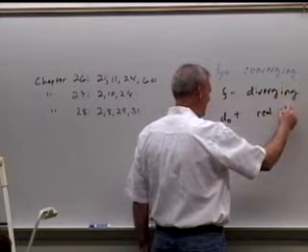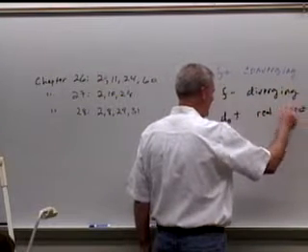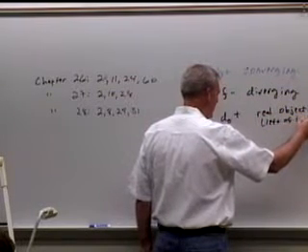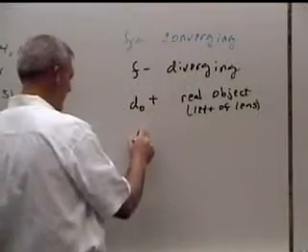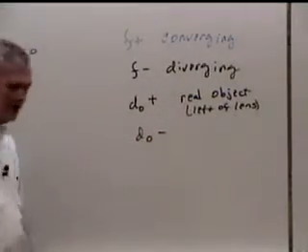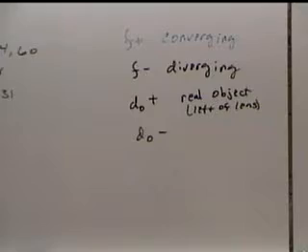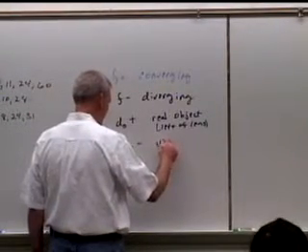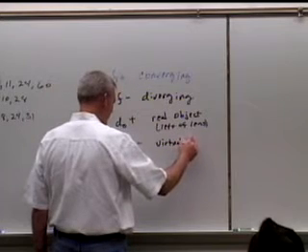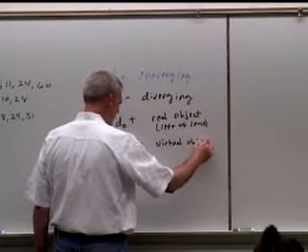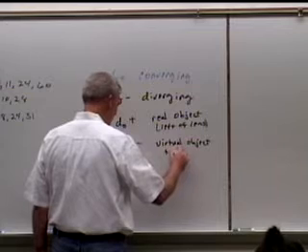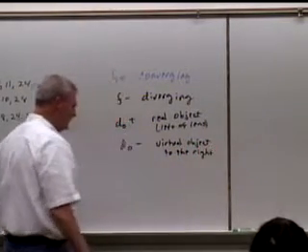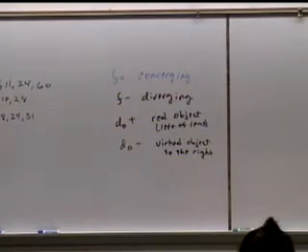DO is negative if it's a virtual object to the right. Now that comes into play when you have lenses in combination.